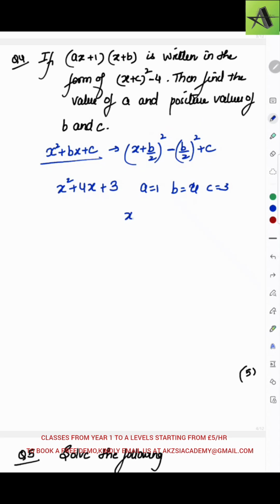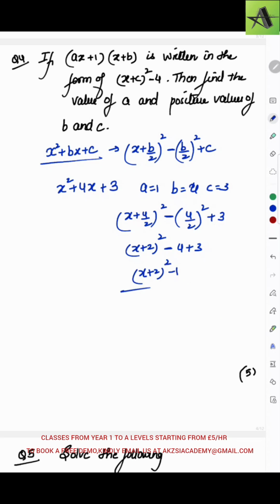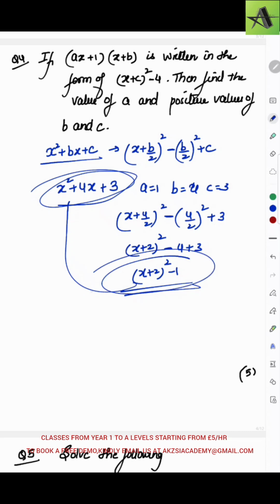B is 4, so (x plus 4 by 2) whole squared minus (4 by 2) whole squared plus c, which is 3. (x plus 2) whole squared minus 2 squared, which is 4, plus 3. (x plus 2) whole squared minus 1. This is how we can convert this standard equation into vertex form. The simplest way is to use the formula. Just learn this formula. It will definitely help you and will lower your confusion.